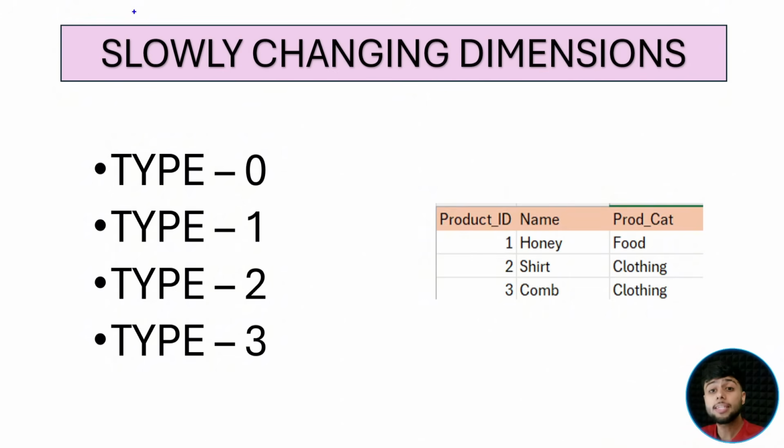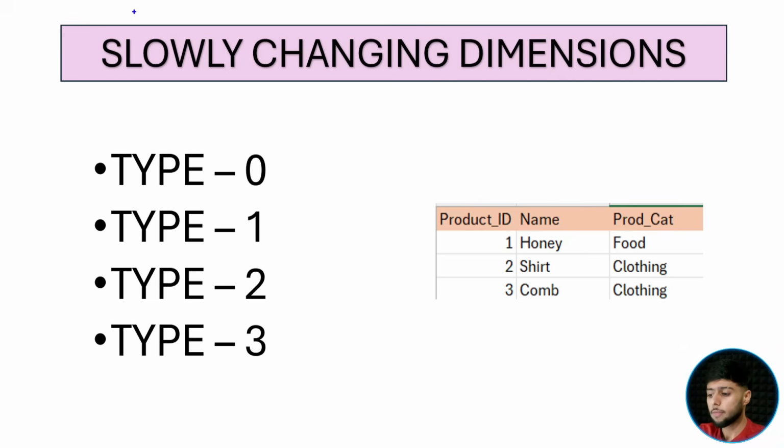How will we tackle that scenario? How will we insert the new category? Will we be recreating the dimension table? No, bro. Okay, second scenario. Let's say your product name was changed next month. Will you be creating the new fact table again from scratch? No. So that's where slowly changing dimension comes into the picture.